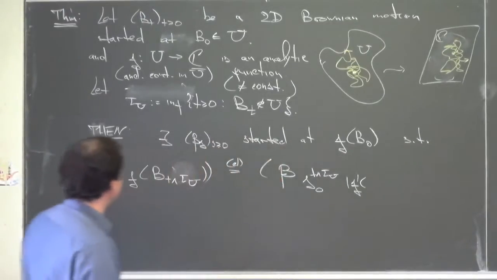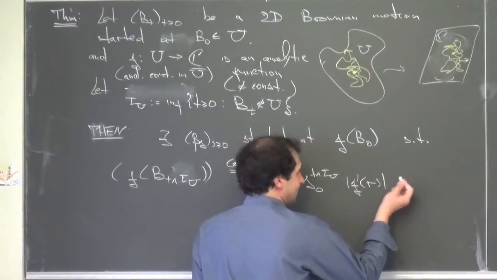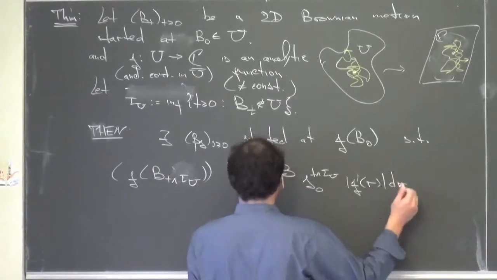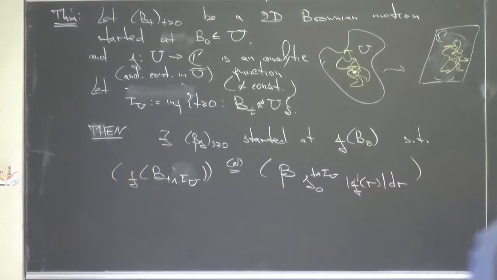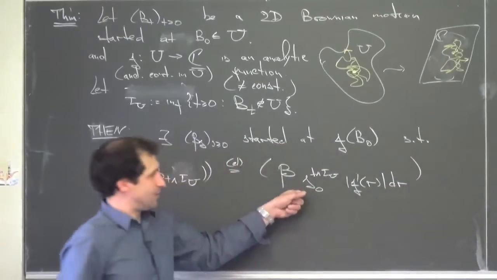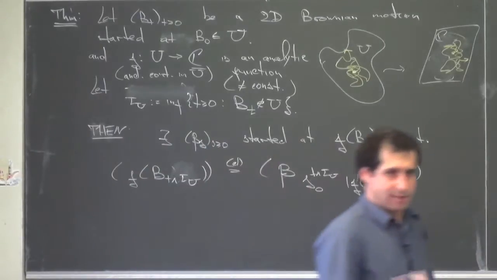What should be the variable? It cannot be s, it's r. So this is very much in the spirit of before. What I have here is again a Brownian motion, but with a reparameterized time. And here is the explicit formula for this reparameterization. That's the message of the theorem.